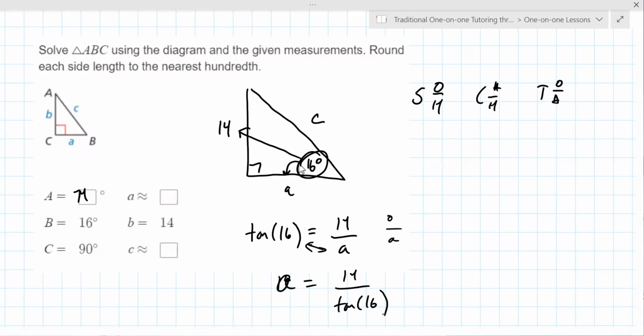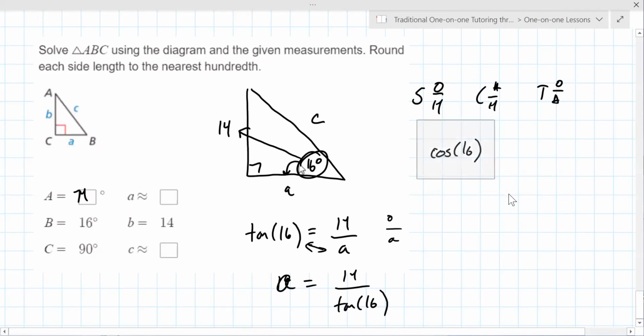48.82. Okay. And then C is actually the one that you would use sine for. The cosine of 16, I'm sorry, the sine of 16, really messing up here.